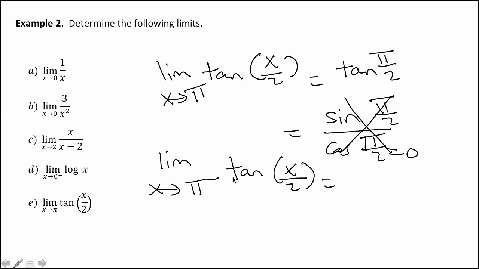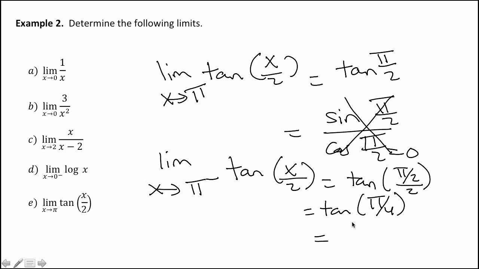Okay, again, if you knew how the graph kind of sort of looked like, if you plugged in, say, x equals anything to the left of pi, such as pi over 2, for instance, then you're going to get tangent of pi over 2 divided by 2, which is the same thing as tangent of pi over 4.